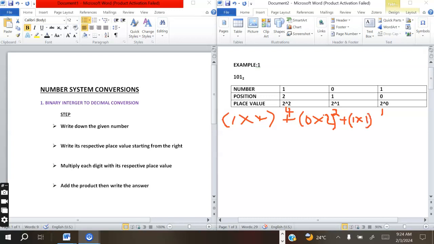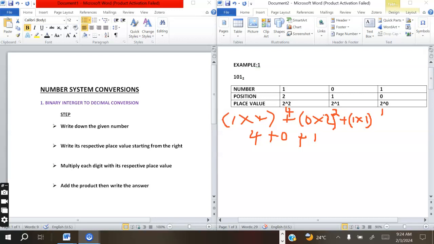So 1 multiplied by 4 is 4, plus 0 multiplied by 2, this is 0, plus 1 multiplied by 1 is 1.